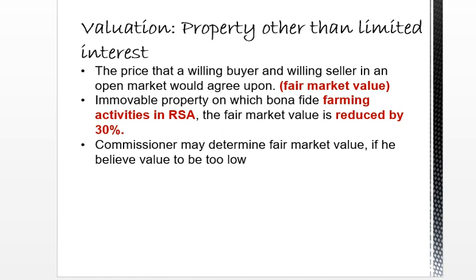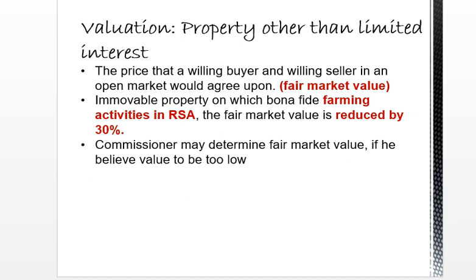But a very important thing to note is that for immovable property on which bona fide farming activities are carried out in the Republic, this fair market value is then reduced by 30%.